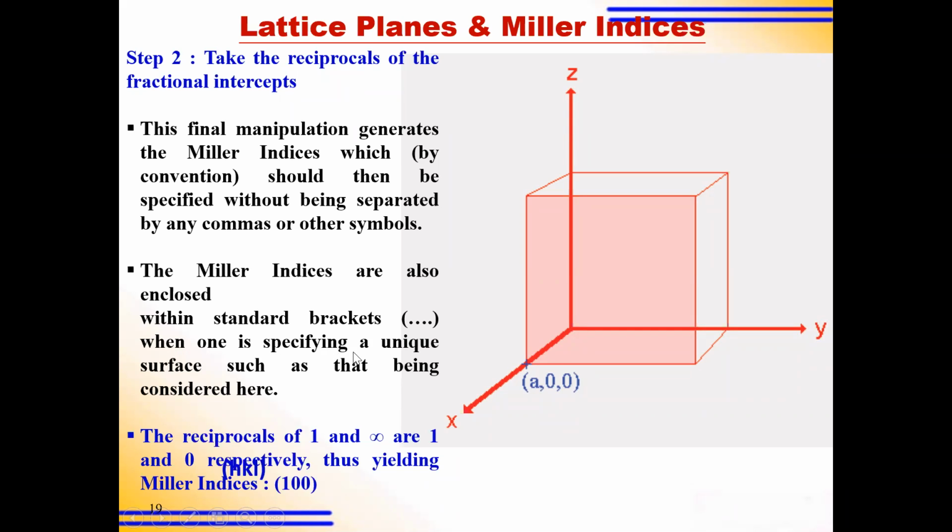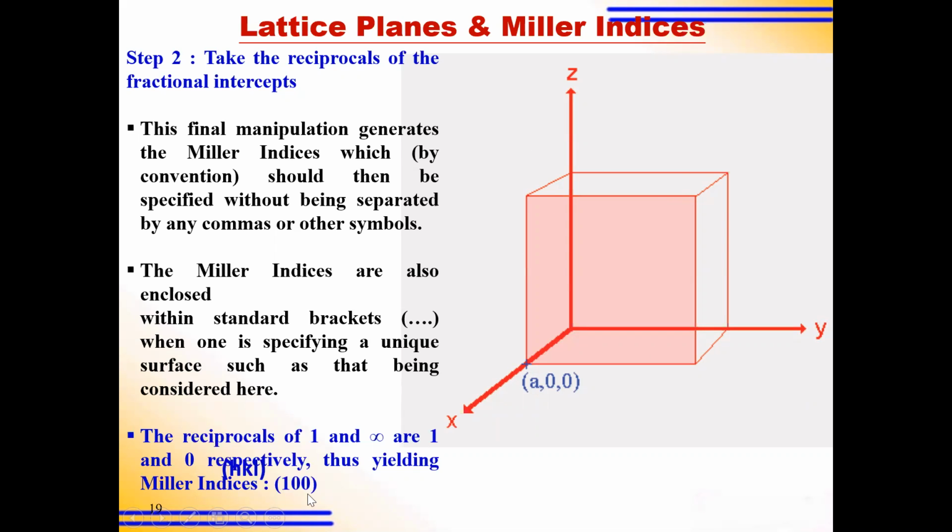When one specifies a unique surface such as the one being considered here, that is the reciprocals of 1, one's reciprocal is 1, and infinity, infinity are 1, 0 and 0 respectively. एकचा reciprocal एक होईल, पण infinity चा reciprocal हा 0 होतो. So therefore we can write simply the Miller indices for this cubic system. It is 1, 0, 0.